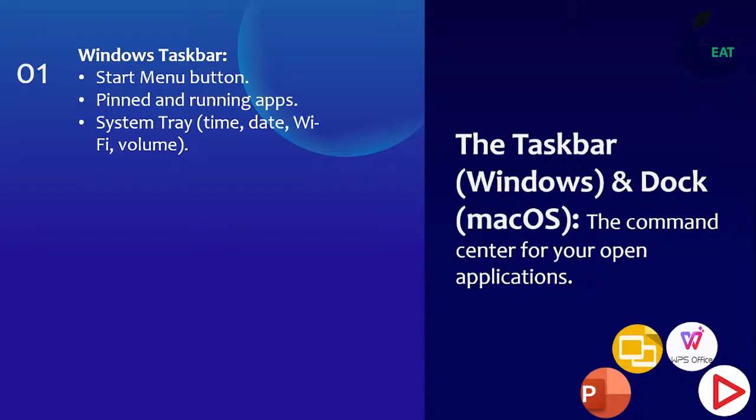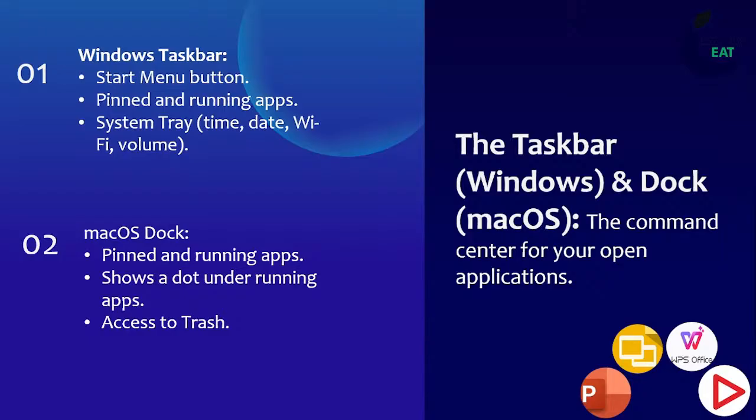Then you have the system tray, which is at the far right, like I said before, with tiny icons for Wi-Fi, sound, battery, and clock. This is your quick glance dashboard. Think of it as your digital control panel. Everything you need is right at your fingertips.